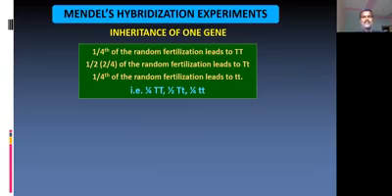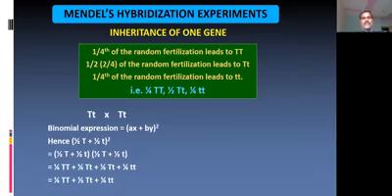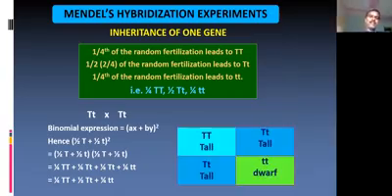This is one of the results that he got. That result is 1:2:1, which we get by the binomial expression when we do it. It was the result obtained. So we'll stop.